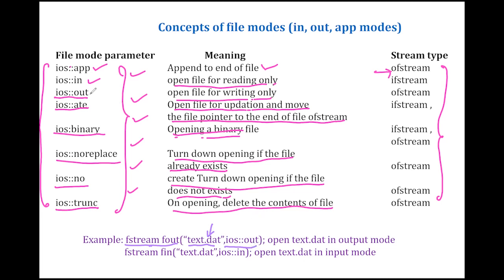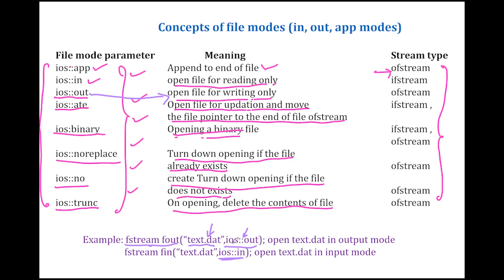Now we know that ios::out means open file for writing only. So here I am going to use this only to write into it. Here fstream fin text.dat ios::in. So what is this? File for reading only.